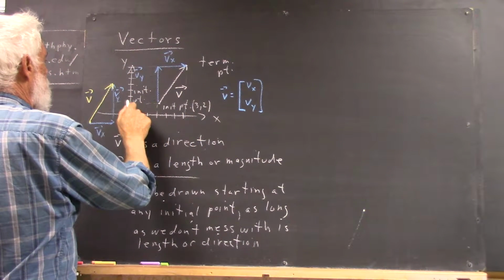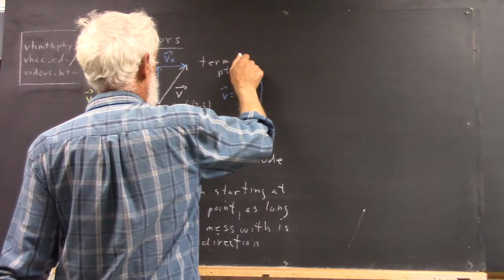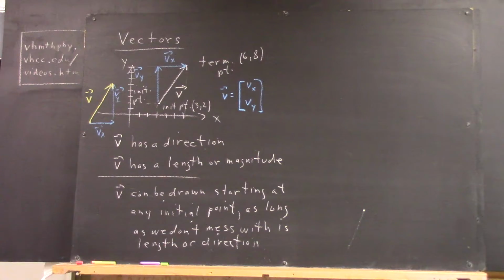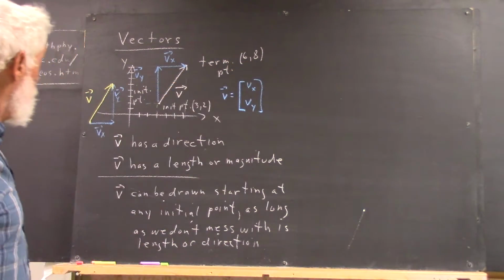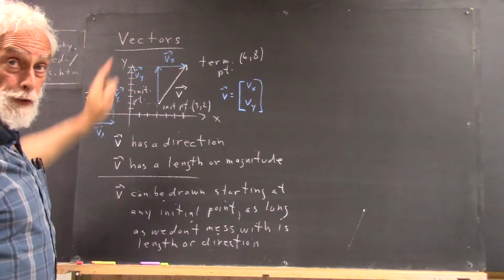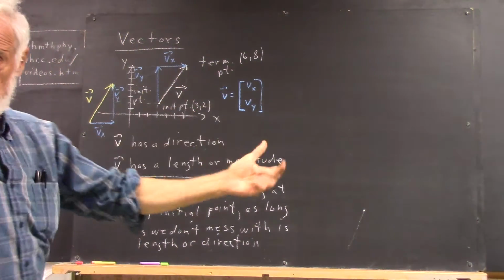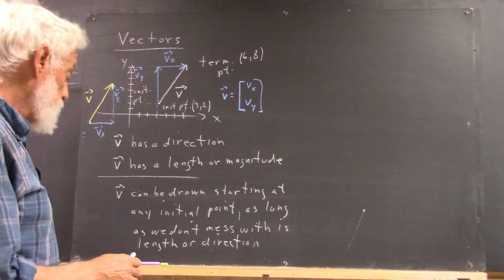And this is, well, 1, 2, 3, 8. So the terminal point appears to be 6, 8. Now, if the initial point is 3, 2 and the terminal point is 6, 8, then what's vx and what's vy? You should be able to answer that. You should really probably pause and answer it. Pause the video and come up with your answer.